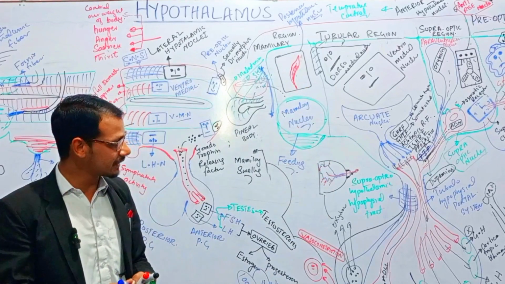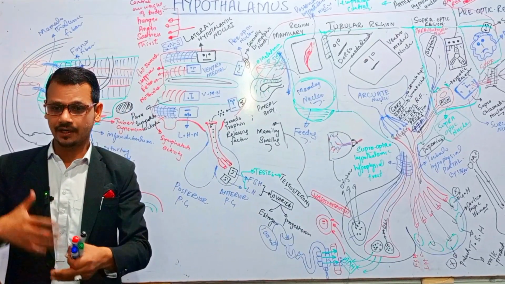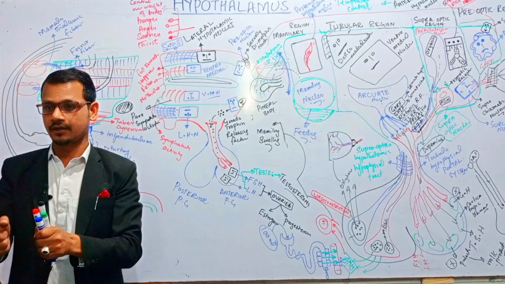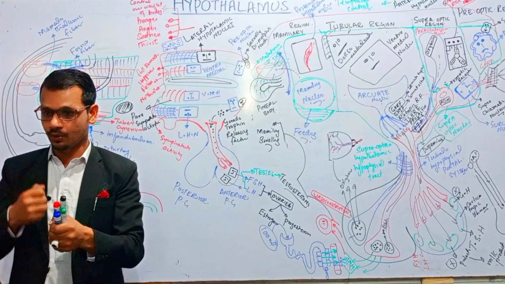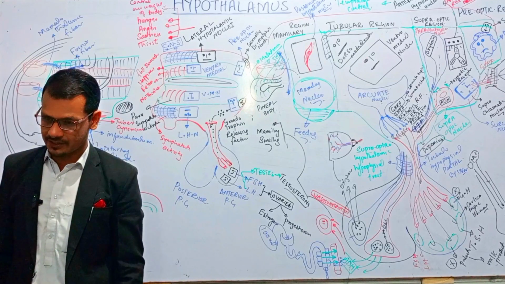One disease which is very important at a young age, in your ages, is when you are getting more and more thirsty and drinking more and more water. This is called diabetes insipidus.